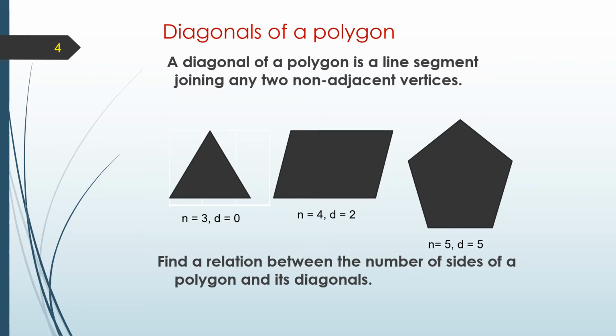So in a triangle, there is no non-adjacent vertex. So there will be no diagonal for a triangle. For a quadrilateral, here I have drawn a parallelogram. There are 4 sides. You can draw 2 diagonals.